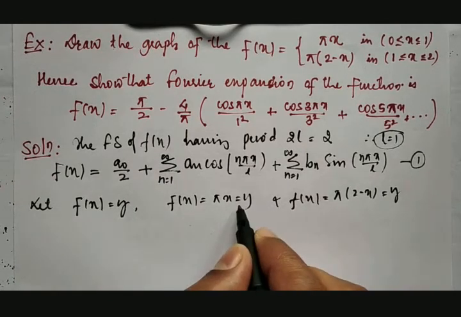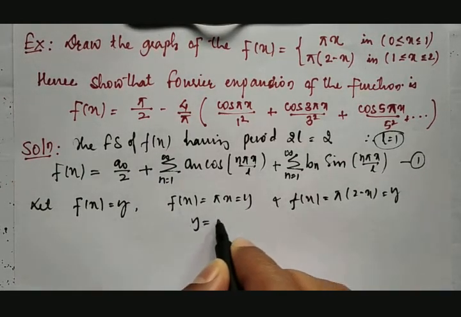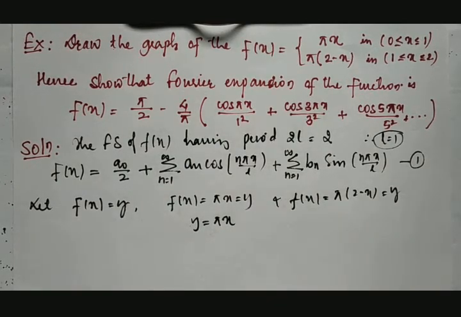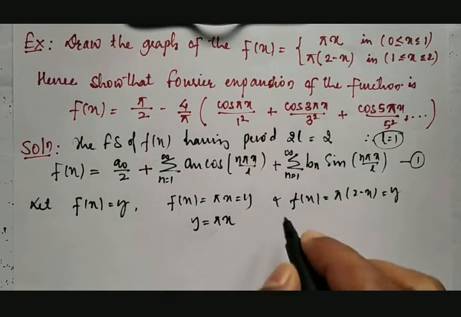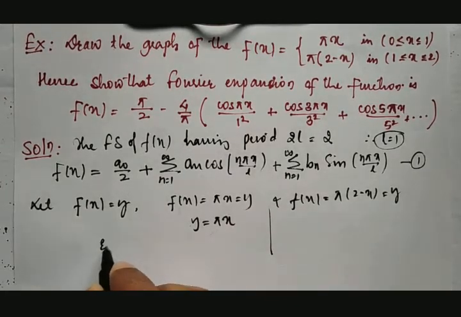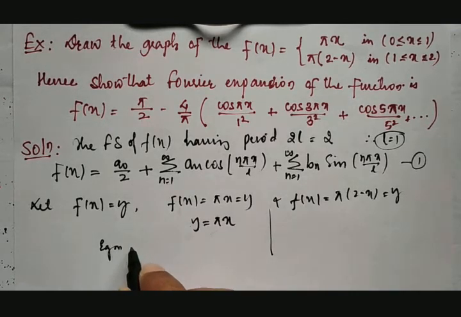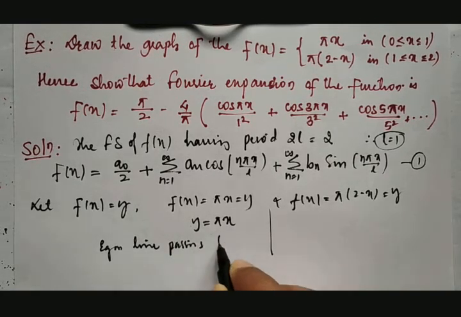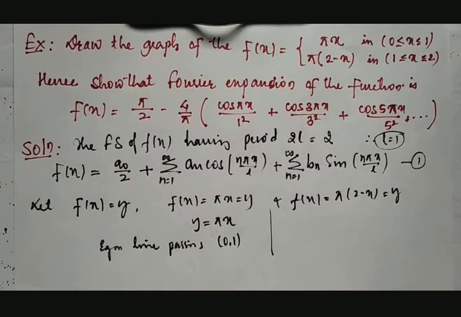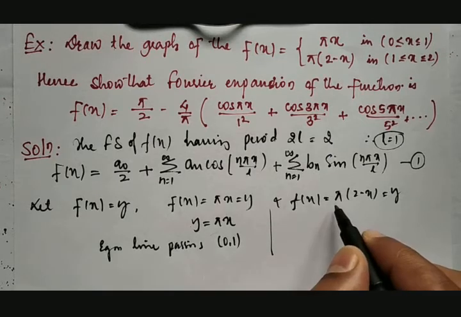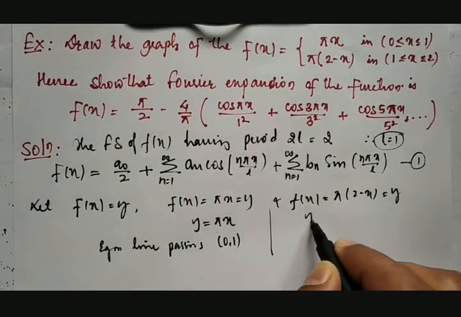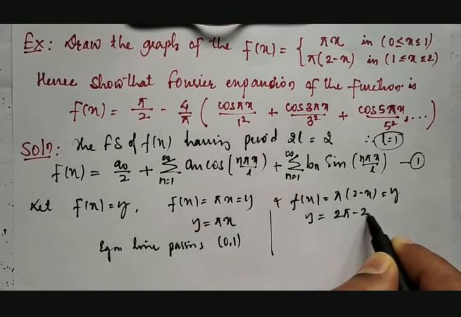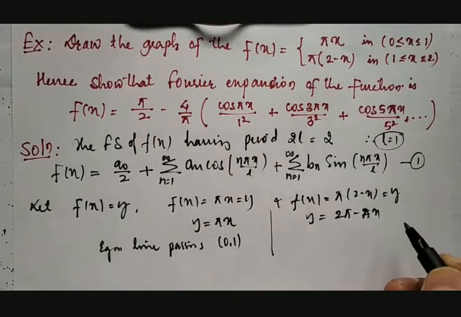Therefore, y is equal to pi x. What is the meaning of y is equal to pi x? It represents the equation of a line passing through the origin. And for the other one, y is equal to 2 pi minus pi x.